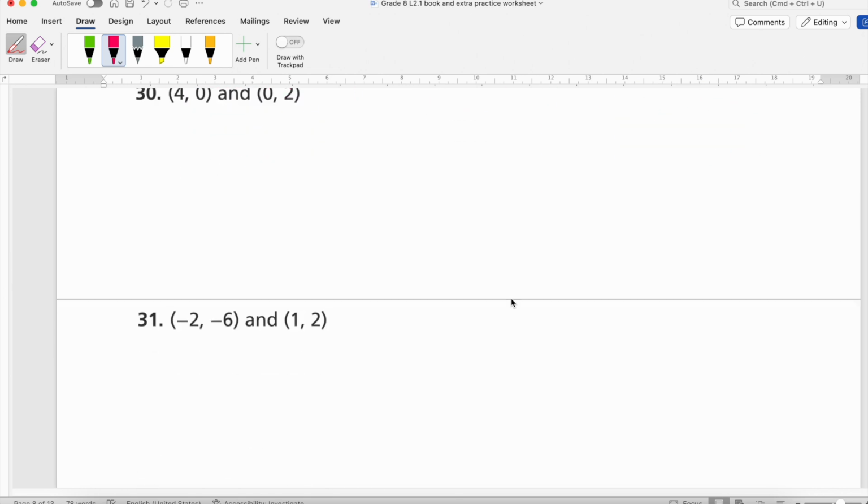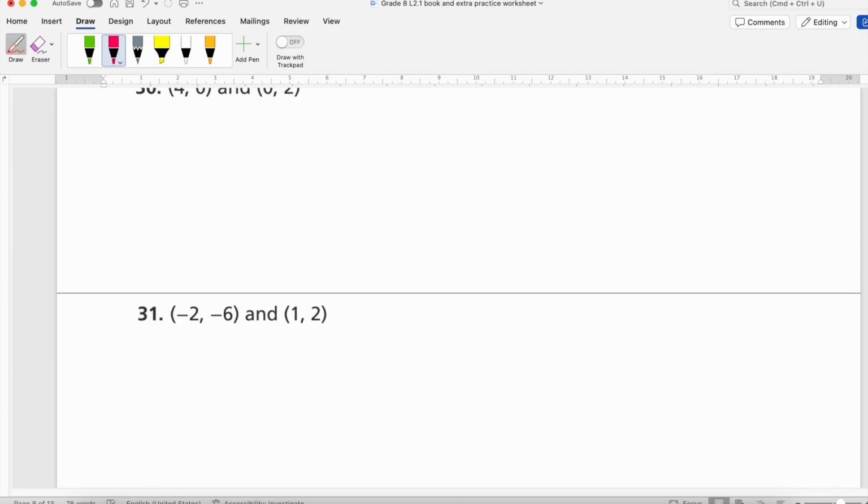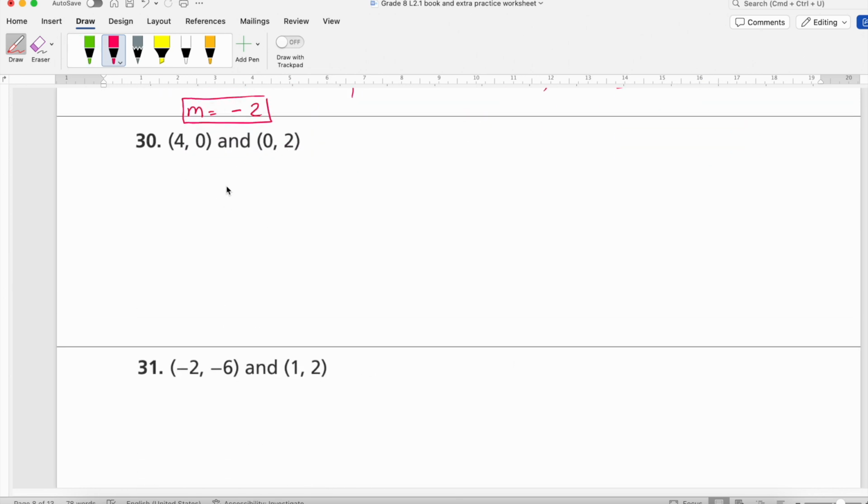But let's take an example without them giving us a y-intercept. Pay attention here. This point is the y-intercept. This one is not, because the x is not 0. Once the x is 0, then it's the y-intercept point. Here it's an x-intercept.